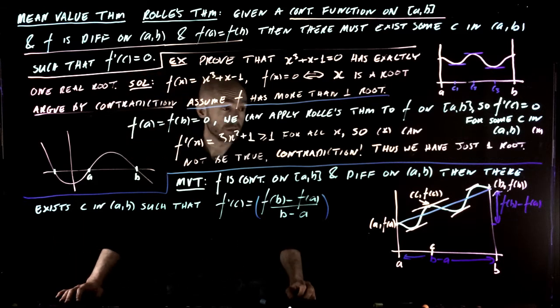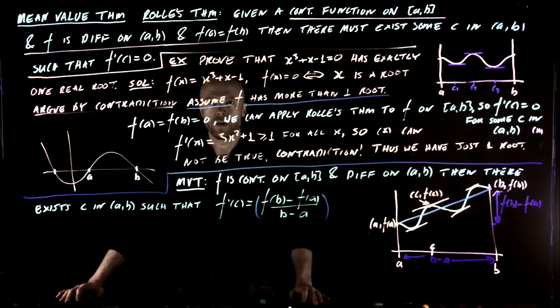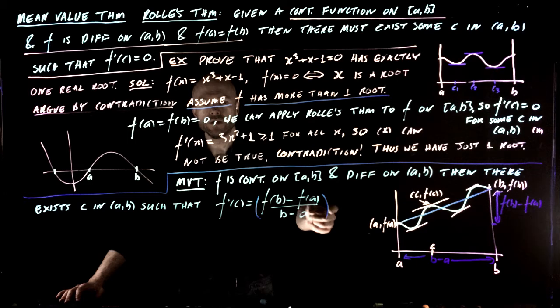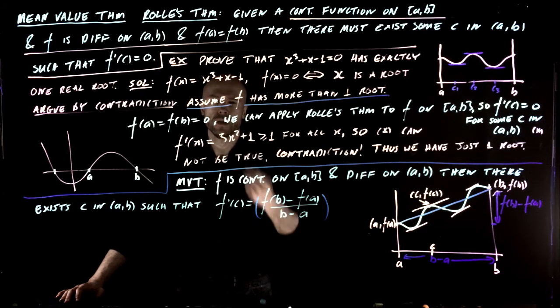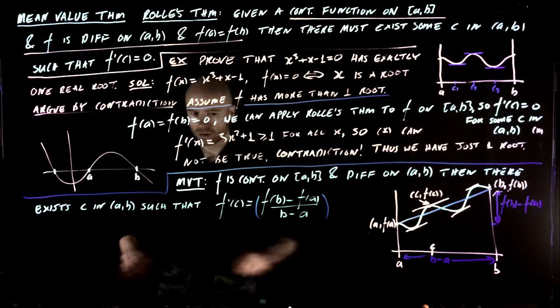Okay, so this will have useful implications for us. Let's think about f as position, and let's think of the x-axis as time, right? So what is this quantity? Well, this is where we got to at time b minus where we were at time a. So f of b minus f of a is how far we've traveled, and b minus a is how long it took us, right? So this is the average velocity over the time interval a to b. So let me write that down.